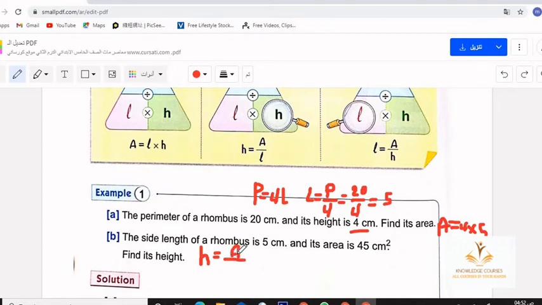Area divided by length equals 45 divided by 5, equals 9. Okay.